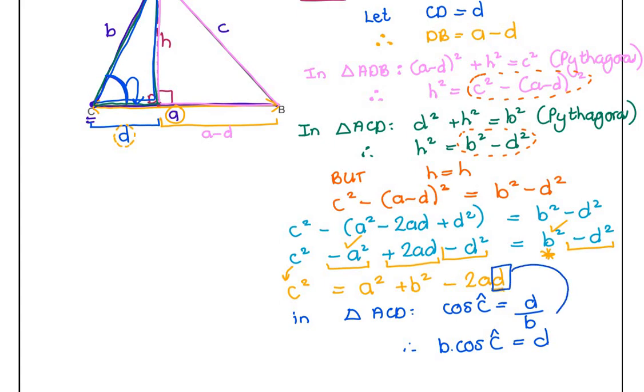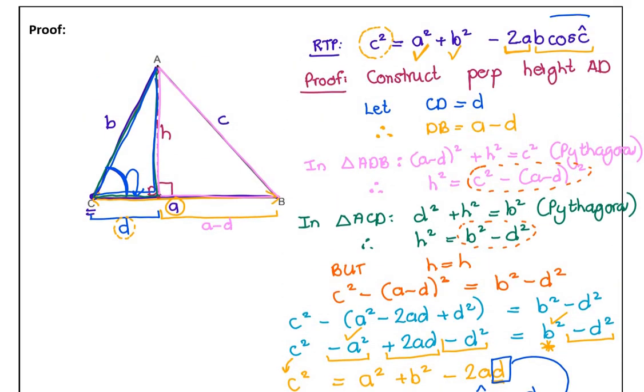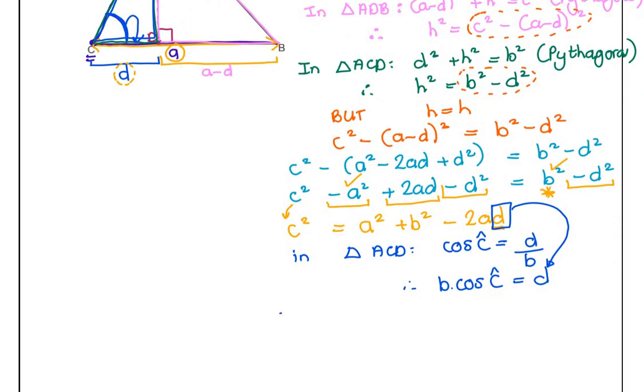So I'm going to replace it with b cos C, which if I go up is exactly what I was missing in that term. So I now just replace d. Therefore, if I continue from this point, c squared equals a squared plus b squared minus 2a.